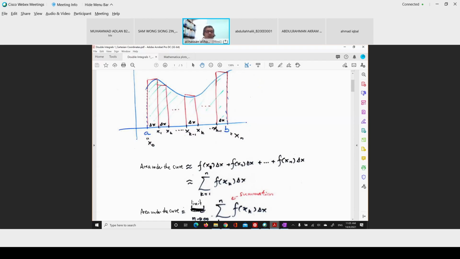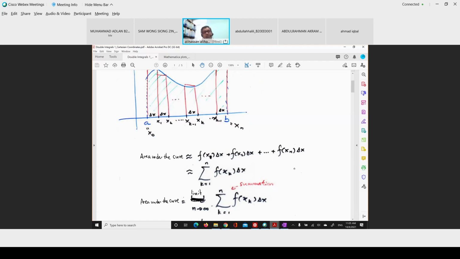Over each sub-interval, we construct a rectangular bar. We know how to calculate the area of a rectangle, isn't it? So the sum of the areas of these rectangles gives us an estimate of the actual area under the curve.